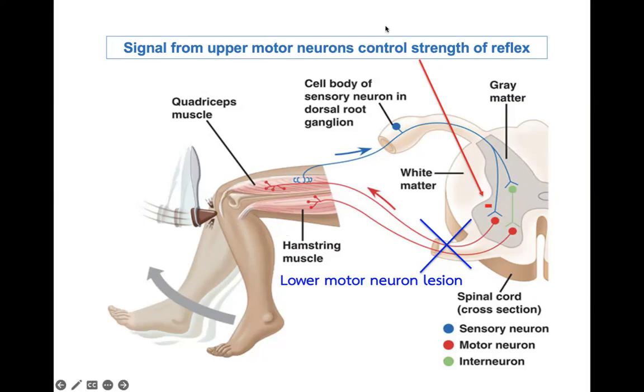So that's another important idea. Now, question: if you have a lesion on the upper motor neurons, for example a stroke or brain injury in the motor areas of the brain, what's going to happen to the reflex? Stronger or weaker?